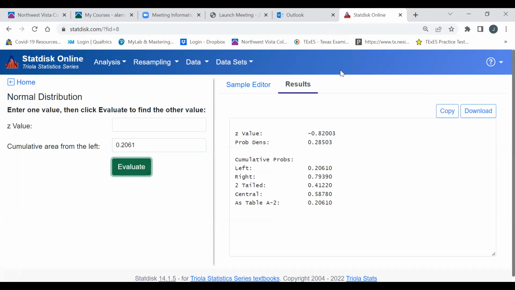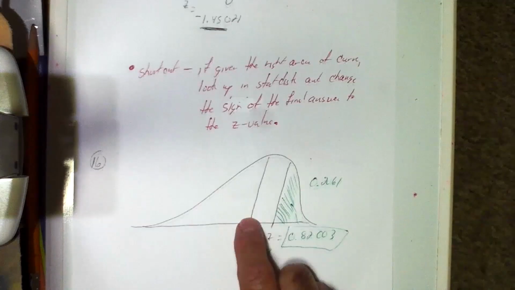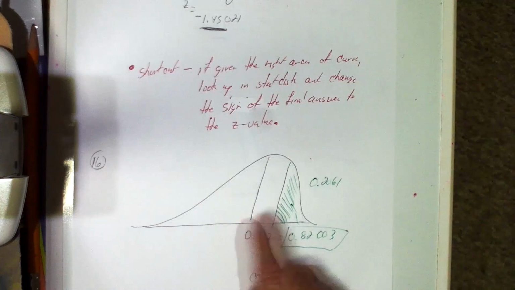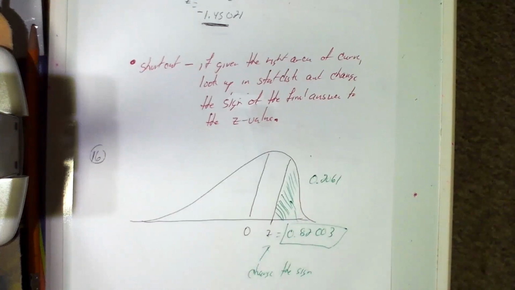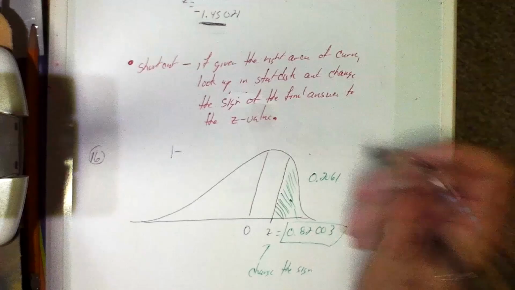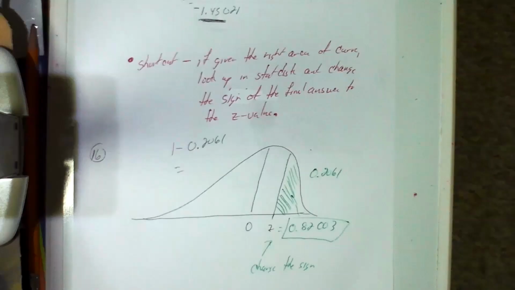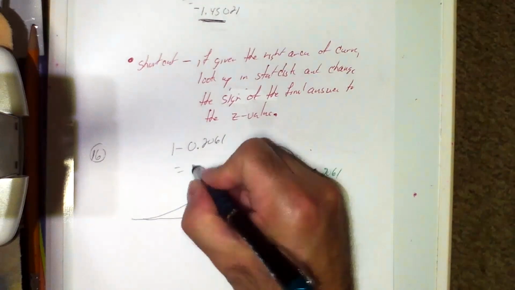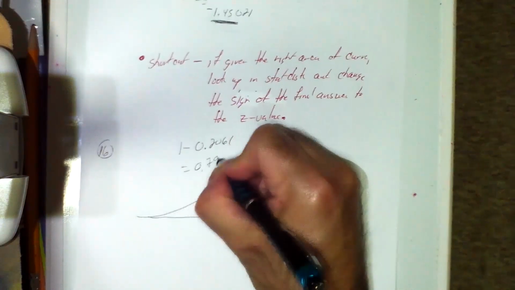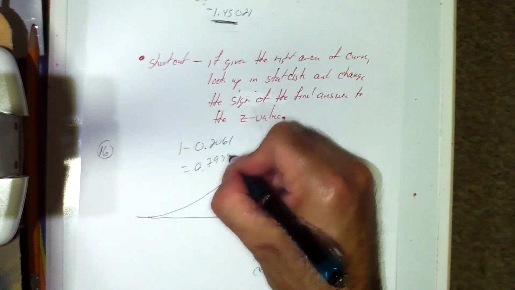You guys can double check. If you don't believe that this shortcut works, you can always find the left side. If I do 1 minus 0.2061, you will get 0.7939, which is that area.